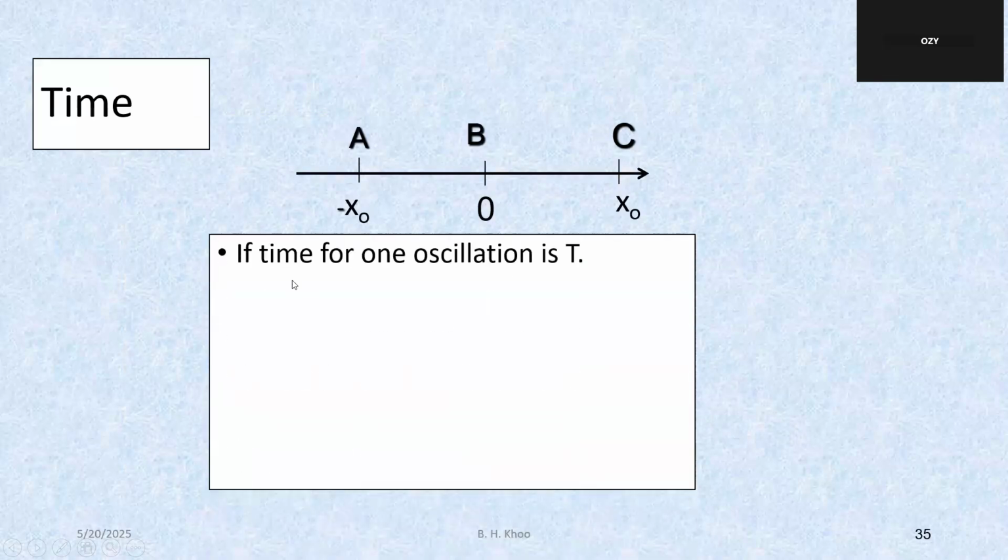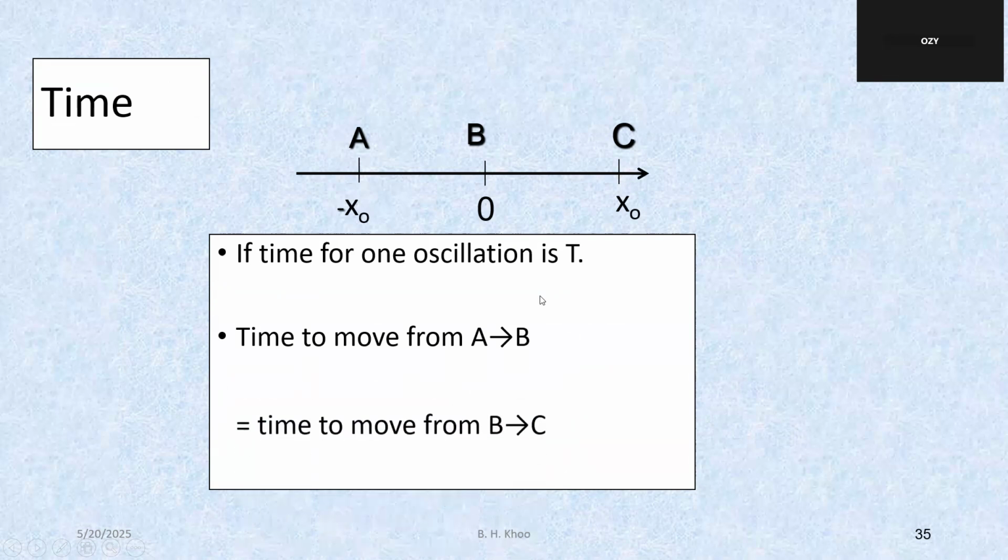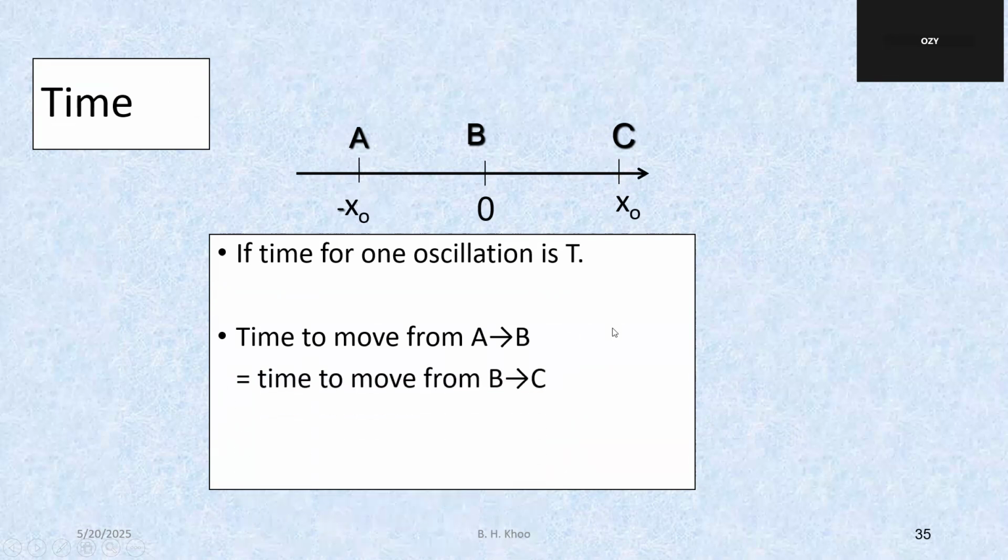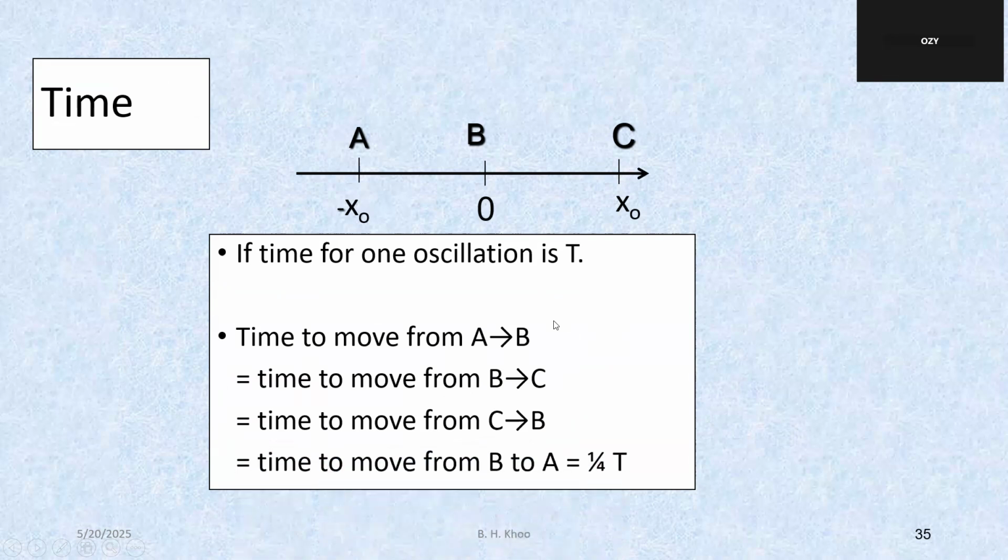Time for one oscillation is T. Time to move from A to B equals time to move from B to C, and from C to B, and from B to A. Each of them is a quarter of a period.